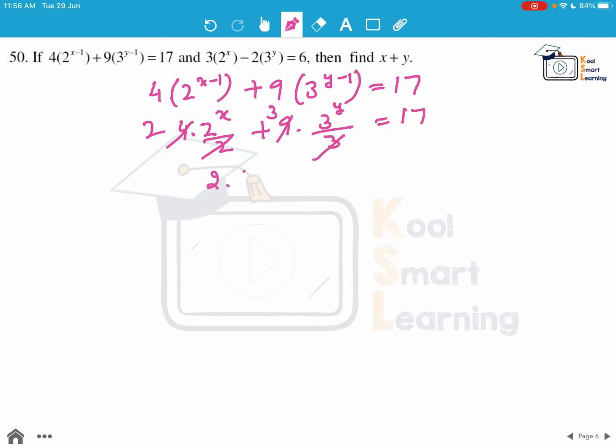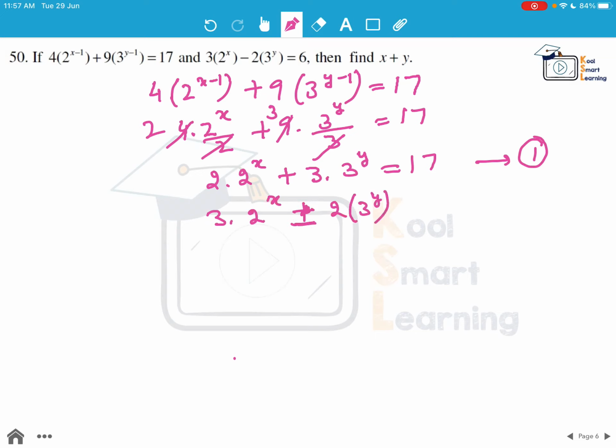So this becomes 2 into 2 to the power x plus 3 into 3 to the power y is equal to 17. Let's call it the first expression. The second expression is 3 into 2 to the power x minus 2 into 3 raised to power y is equal to 6. Let's call this the second expression. Now let's take 2 to the power x as a and 3 to the power y as b.